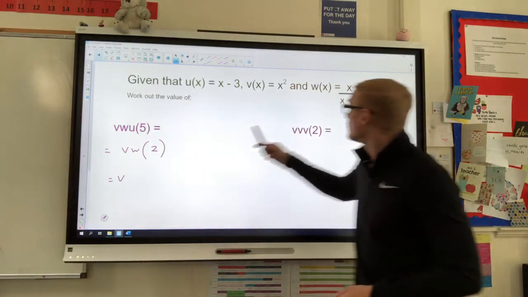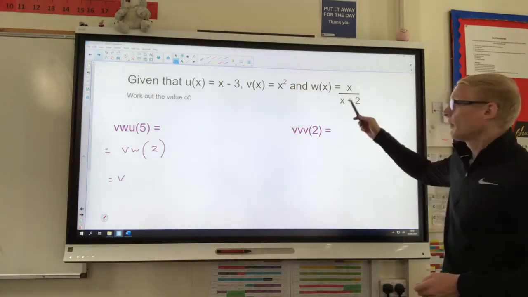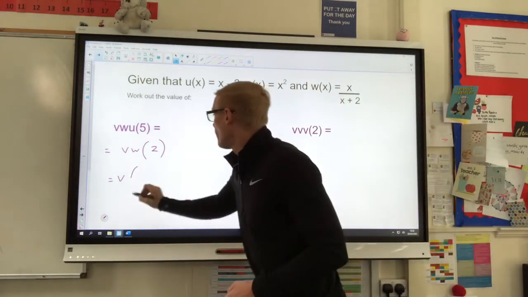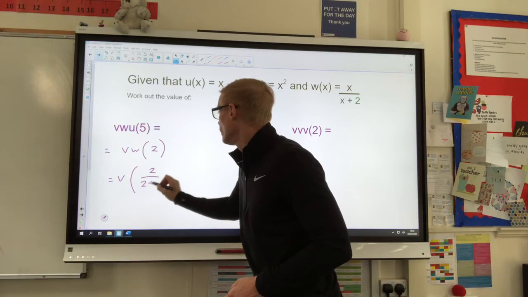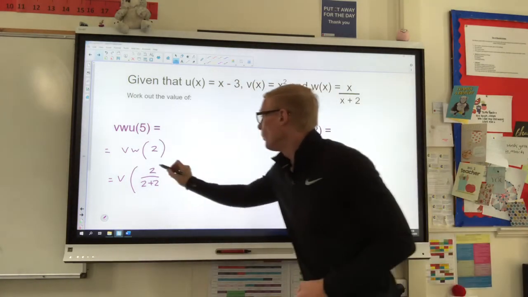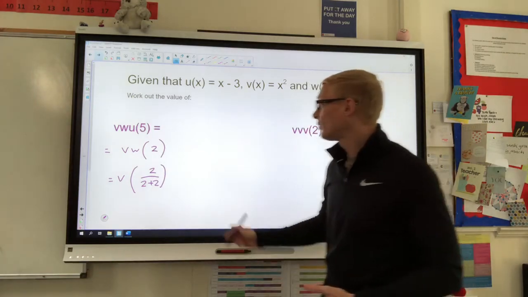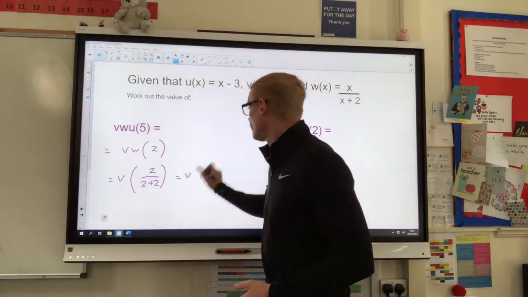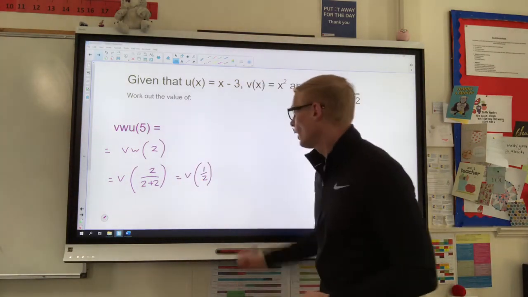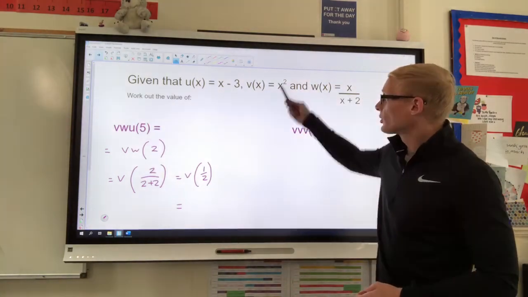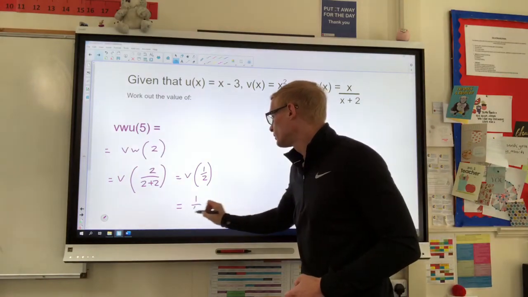So 2 into W, W is here, so I'm putting 2 in here, so I've got 2 divided by 2 plus 2. Now 2 plus 2 is 4, 2 divided by 4, if I simplify that I get a half. So this is V of a half. And then finally, putting a half into V, so I'm looking to do a half squared there. A half squared is a quarter.